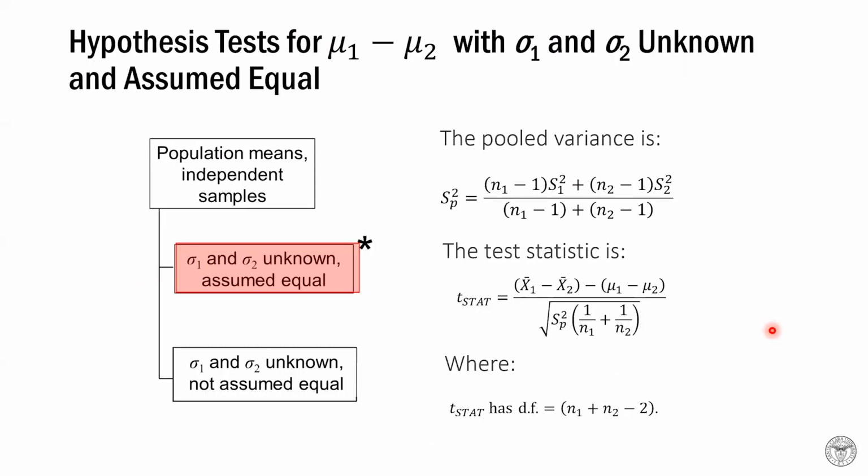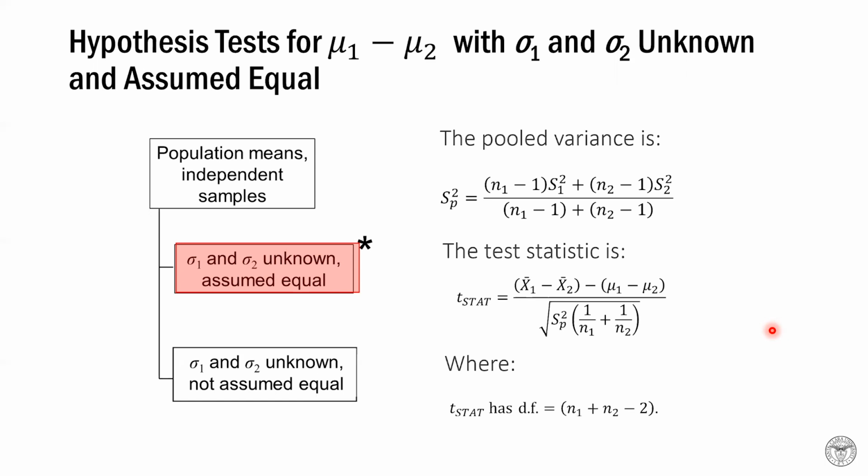A t-test is a type of inferential statistic used to determine if there's a significant difference between the means of two groups when the standard deviations are unknown and the standard deviations are the same.